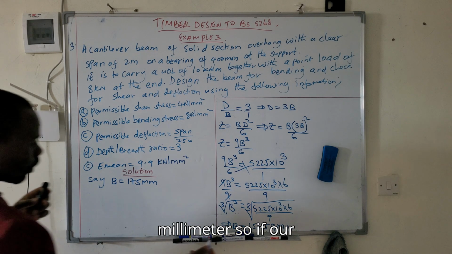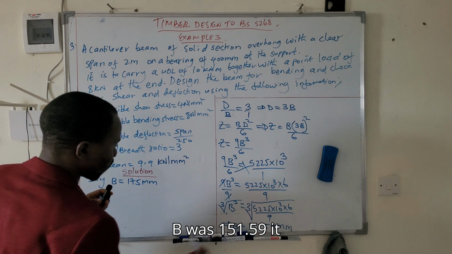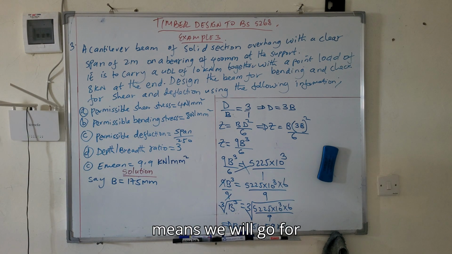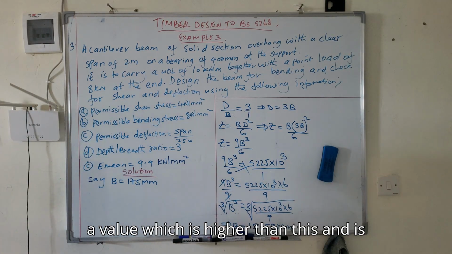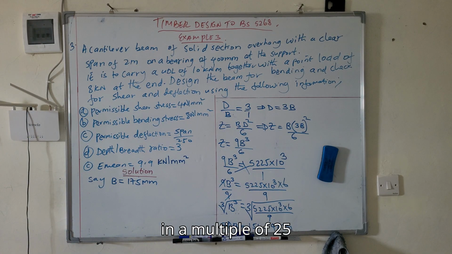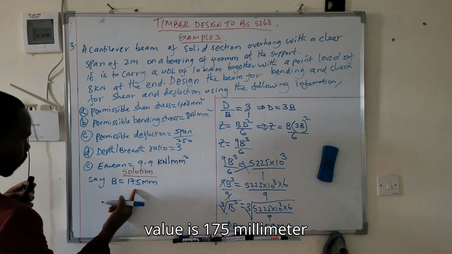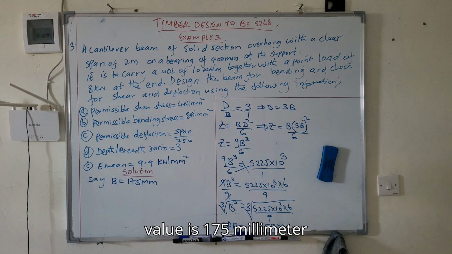So if our B was 151.59, it means we will go for a value which is higher than this and is in a multiple of 25 millimeter. So this value is 175 millimeter.